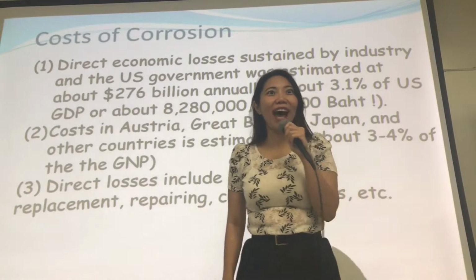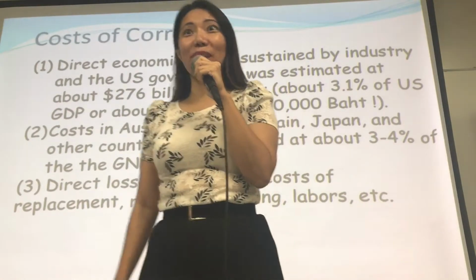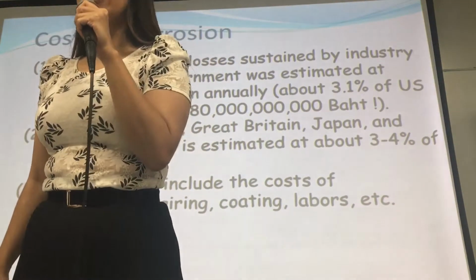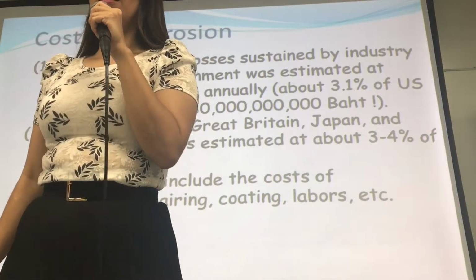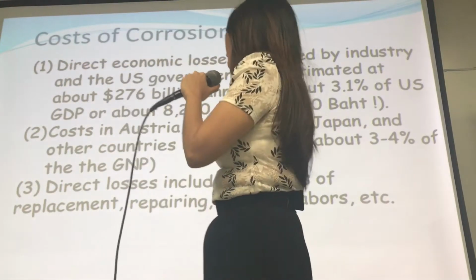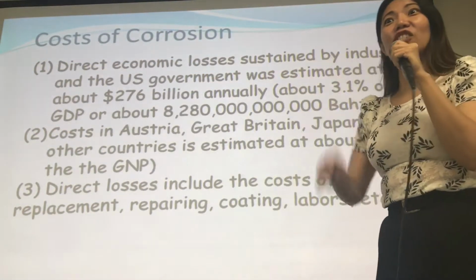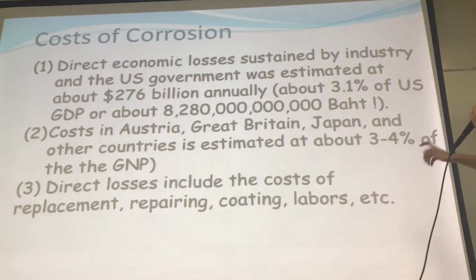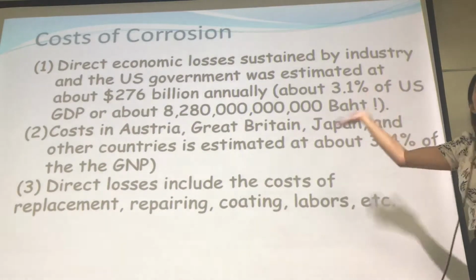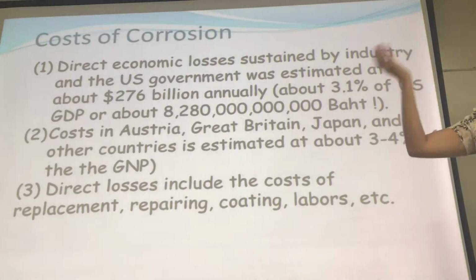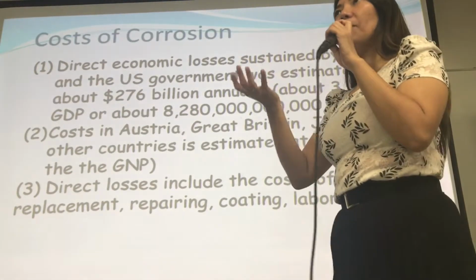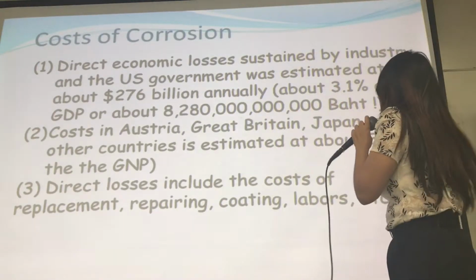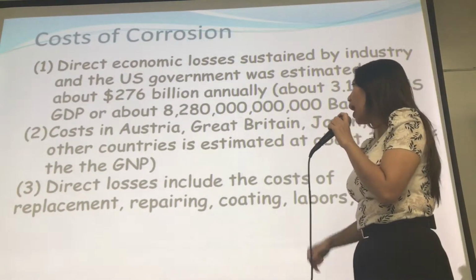If I had that kind of money, I wouldn't be here. But this is how much they spend on corrosion, just each year. And some other countries still spend closer to 3% as well.